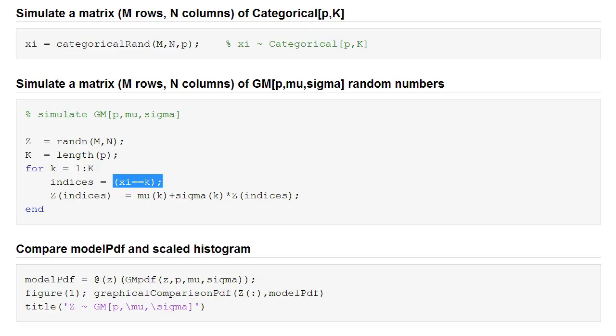So, for instance, when xi is equal to 1, we're going to generate random numbers from the first component of the Gaussian mixture, the one that has mu1 and sigma1. For the second component, we'll do the same thing for mu2 and sigma2, etc.